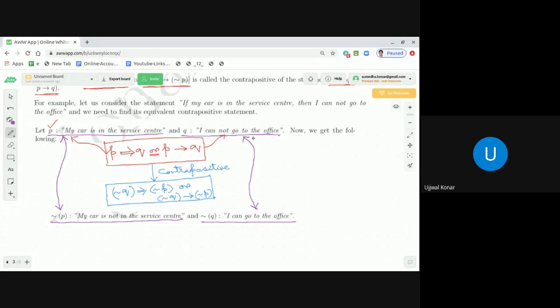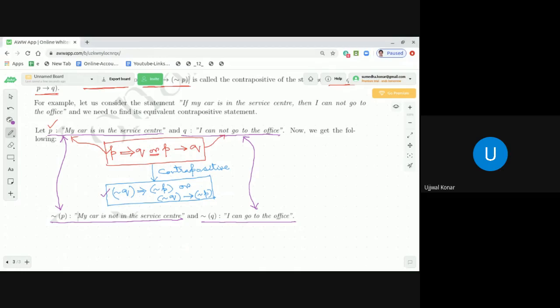Now let us concentrate on what the contrapositive statement will be. The contrapositive statement, as we just understood, is not Q implying not P. That means in an English statement we can say: if I can go to the office, then my car is not in the service center.